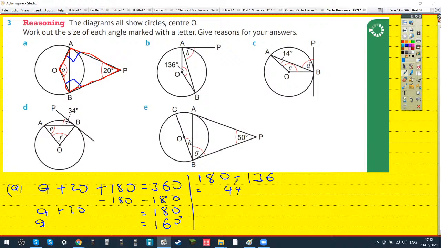Then divide that by 2 and it's 22. So how do you use that? Do you have to take 22 away from 90? Well done, which is 68. So 90 minus 22 equals 68 degrees. Great. That's very good. All right, let's try question C.